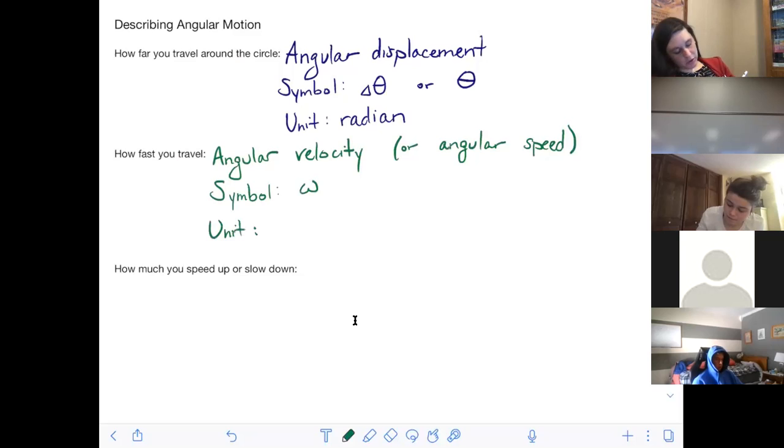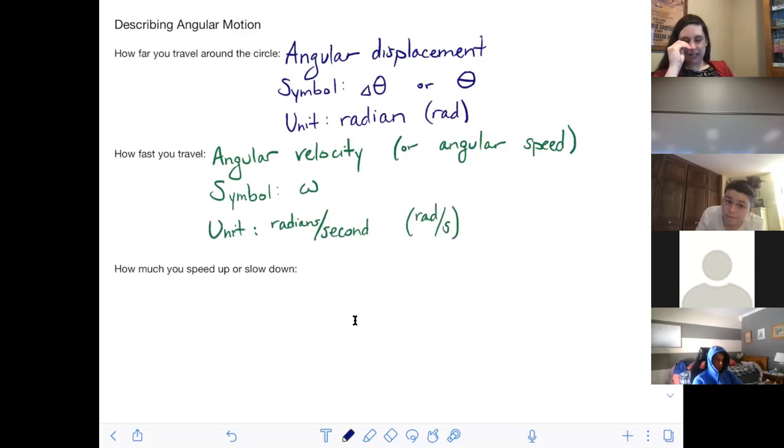And the unit that we will use is radians per second, which can be abbreviated to just rad per s. Here, I'm going to write that part in angular displacement. That radian can be abbreviated with rad.